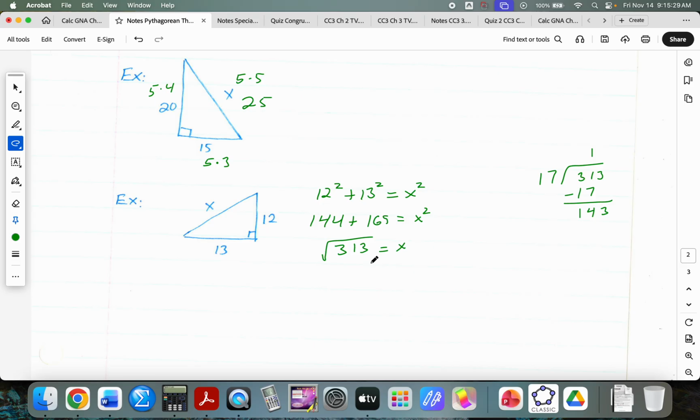Oh, 17. 17 squared is 289. 18 squared is 324. I'm supposed to know that one. So 17 and below. Anything below 17 is all you have to check.